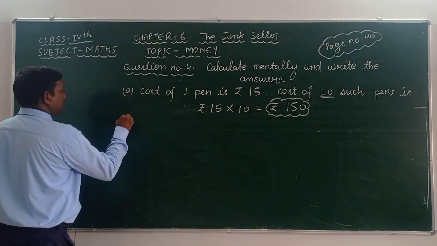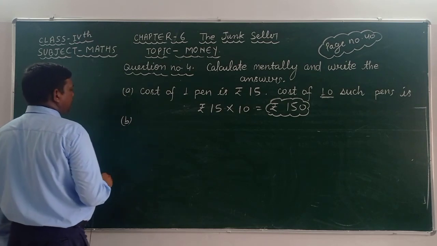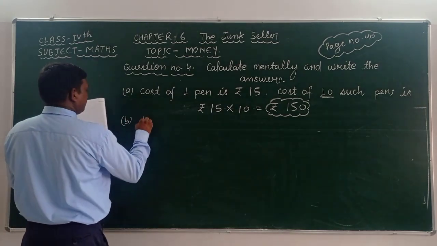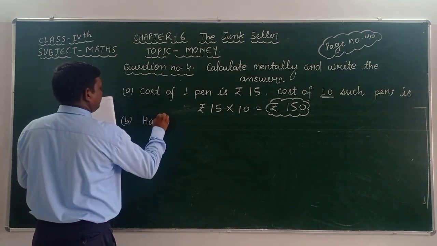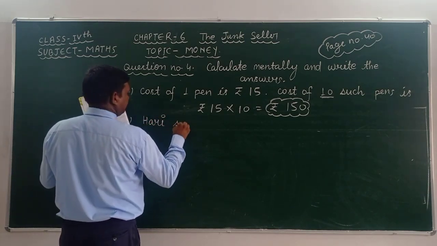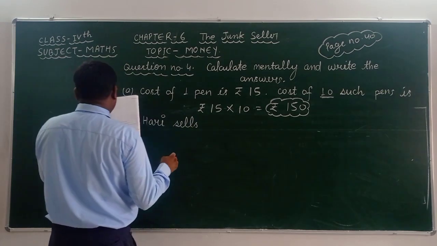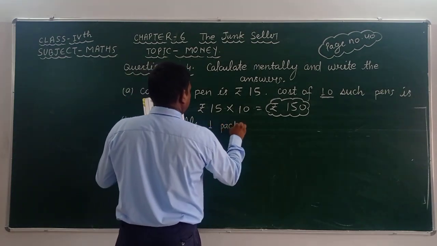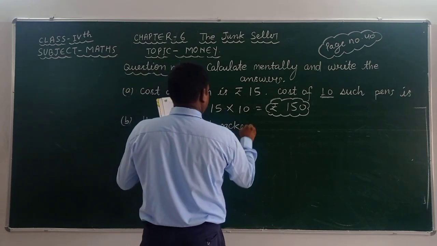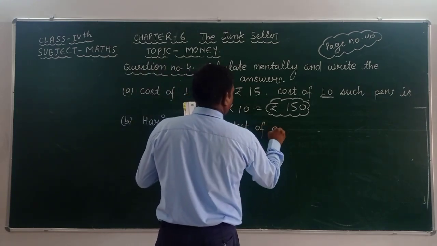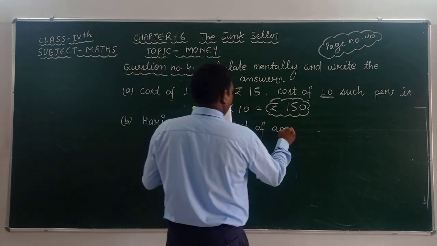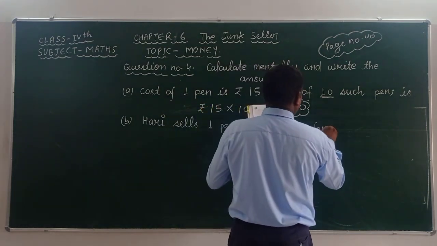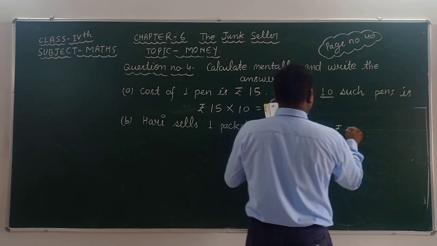Look, question number 4 of B is: Hari sells one packet of apples for rupees 250.